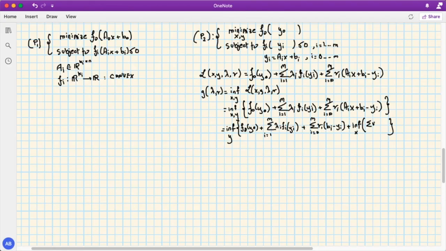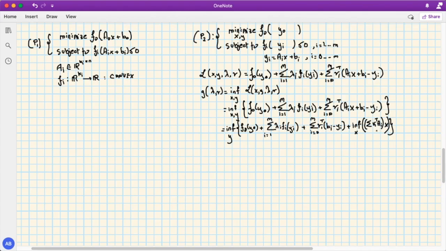So sum nu i, oh, this is a nu i transpose, I'm sorry about that. So nu i transpose Ai, all this term multiplied by x.